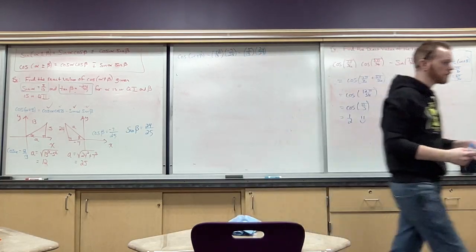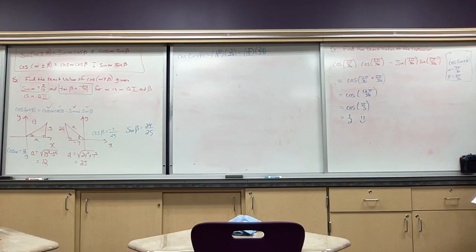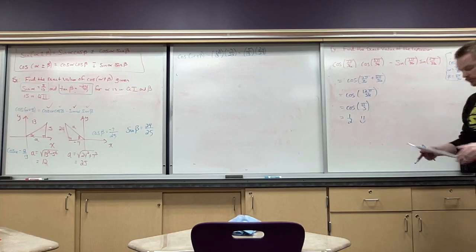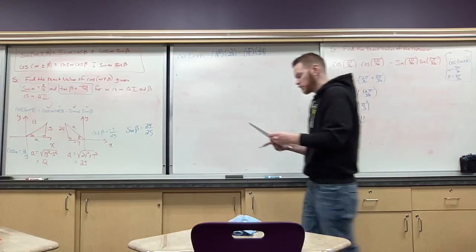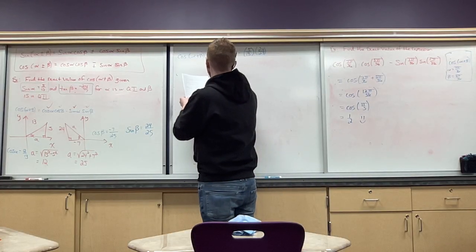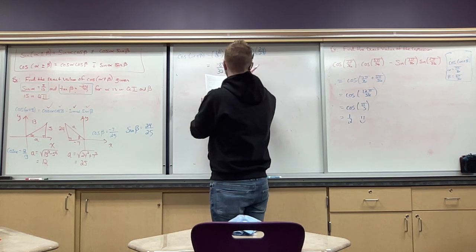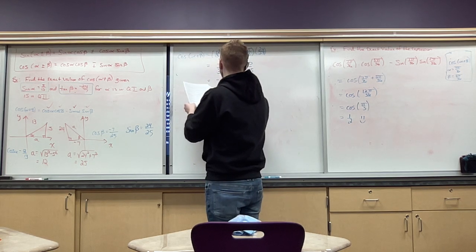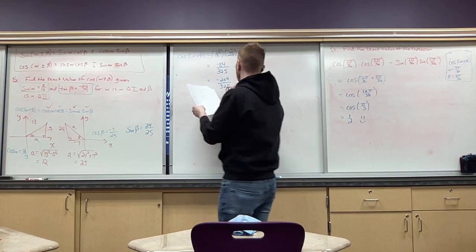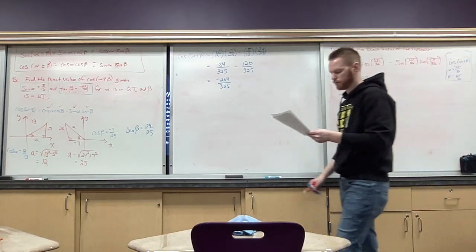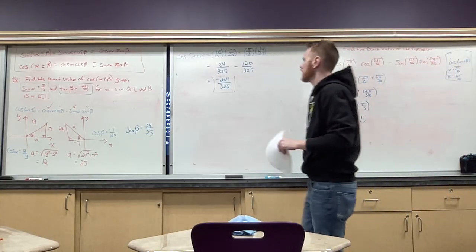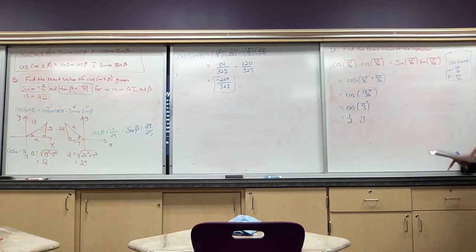Okay, so now we got some real values that we can use. Okay, let's multiply them out. So we get -84 over 325, minus 120 over 325, which gives us a final answer of -204 over 325. Okay, so that's what cosine of alpha plus beta is going to equal for us.